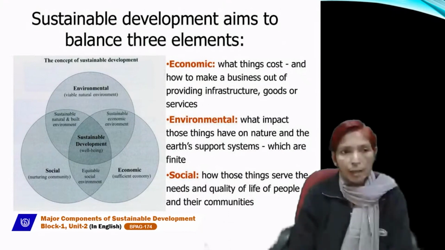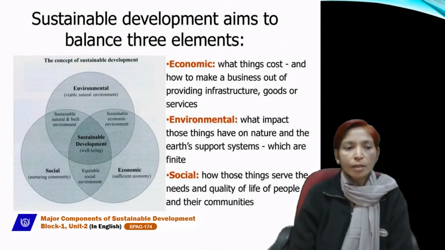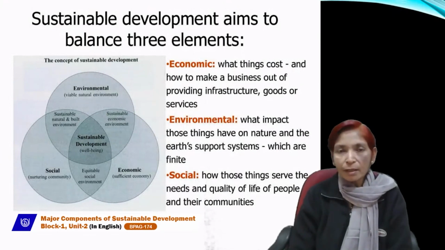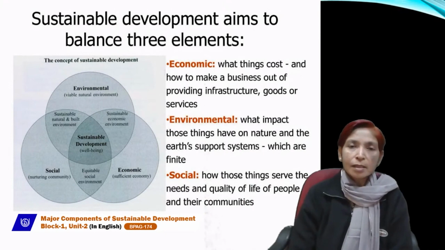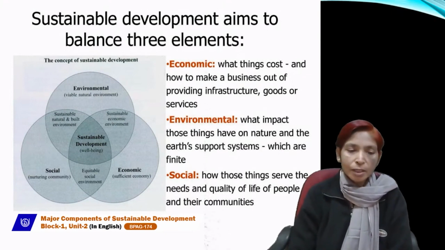In the environmental dimension, we should protect the environment and use available natural resources in an economical or optimal way. In the social dimension, we should nurture the community, reduce poverty, reduce inequality of income and wealth, improve the standard of living of the country's people, and reduce gender discrimination. In this way, we can achieve the social dimension.